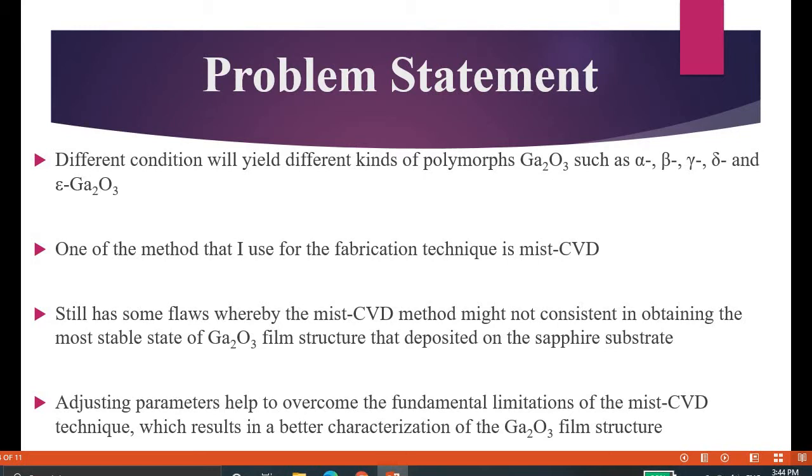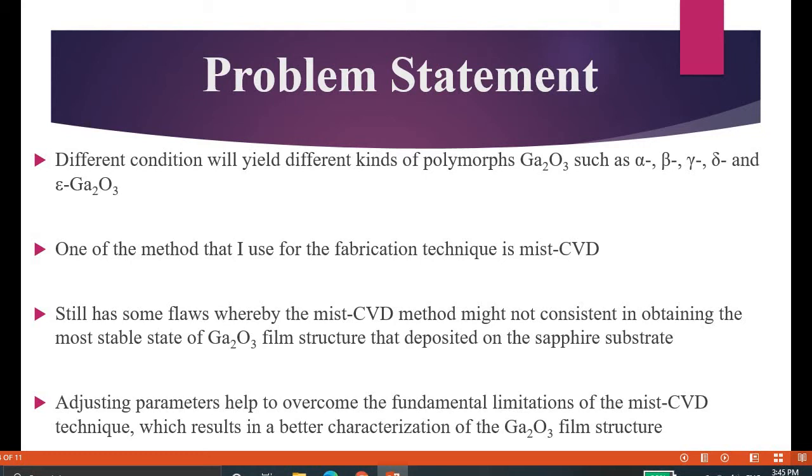All of this gallium oxide structure is deposited on a sapphire substrate. So by adjusting the parameters, it can help to overcome the fundamental limitation of the mist-CVD technique. Therefore, we need characterization and also optimization for this gallium oxide thin film structure.